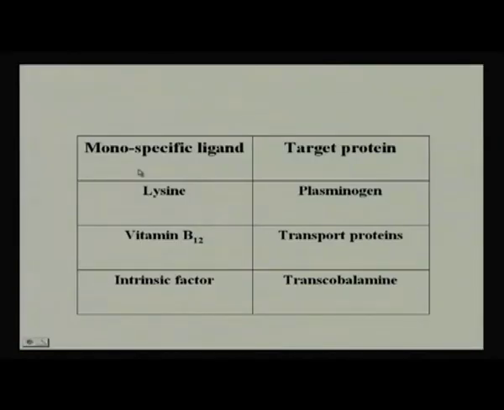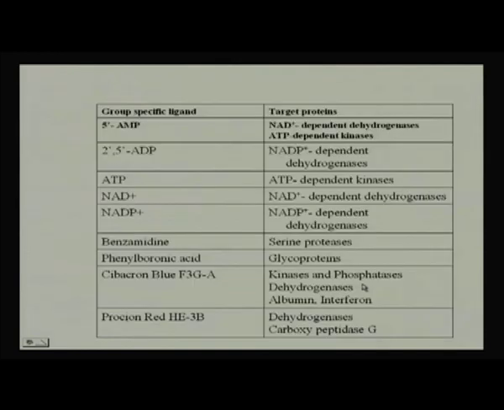Now, if we give some examples of monospecific ligand, then if lysine is a ligand, the targeted protein is plasminogen. Vitamin B12 transport proteins, intrinsic factors, it is transcobalamin. So, these are some examples of the monospecific ligand.